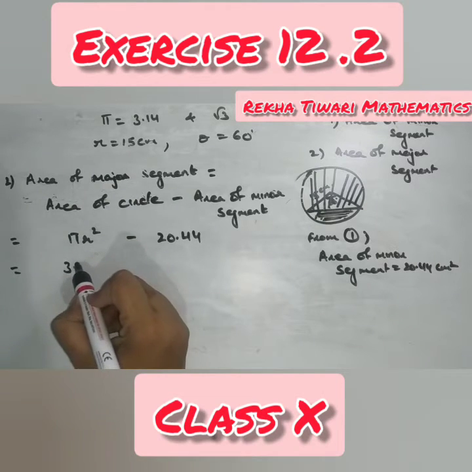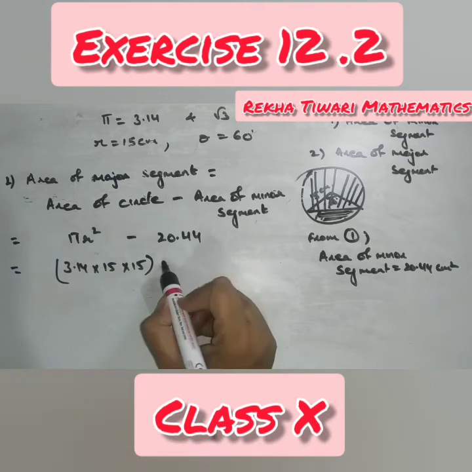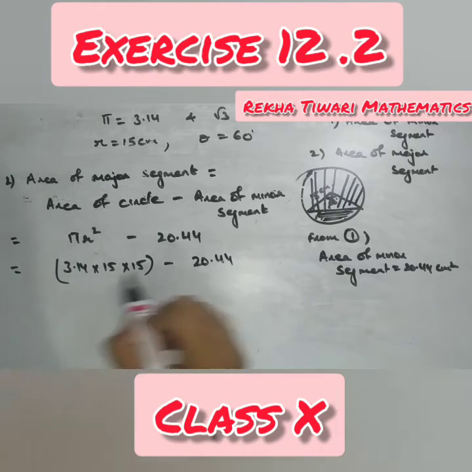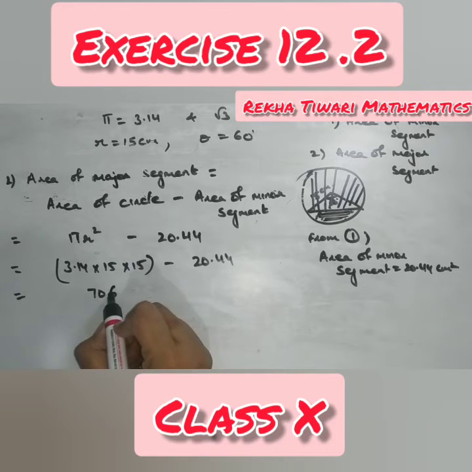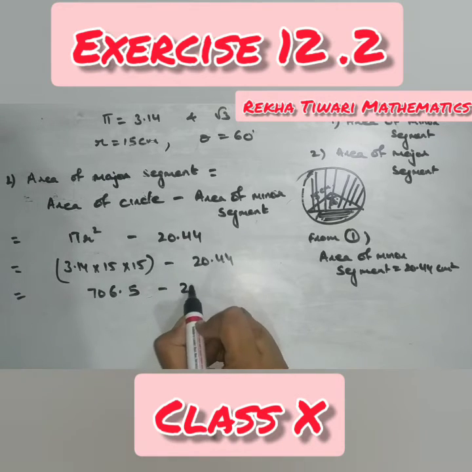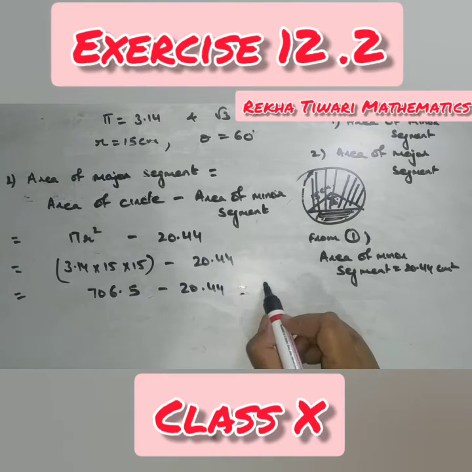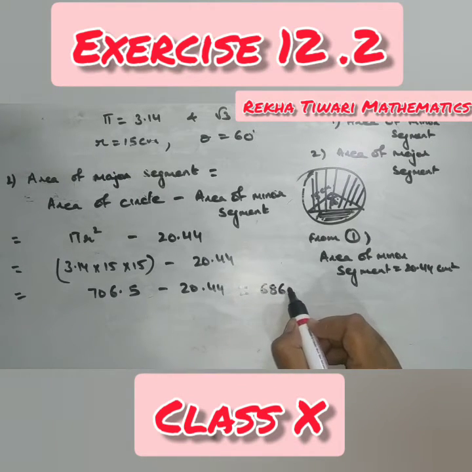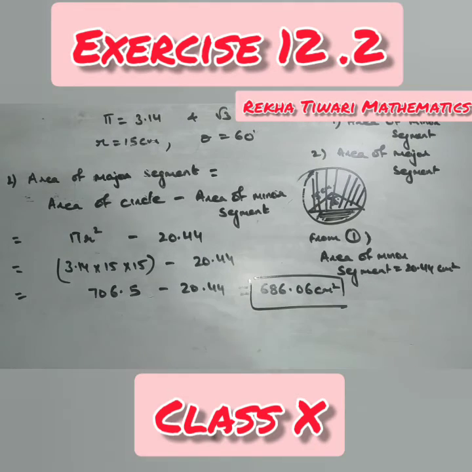So here 3.14 into 15 into 15 minus 20.44. When you multiply these three, you will get 706.5 minus 20.44, and after subtracting I will get the result as 686.06 centimeters square. Calculation is required.